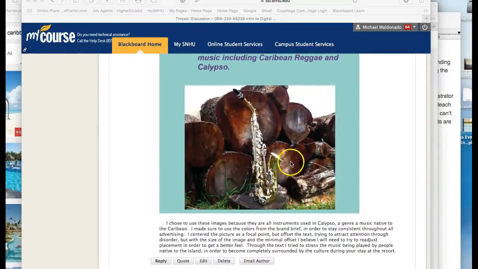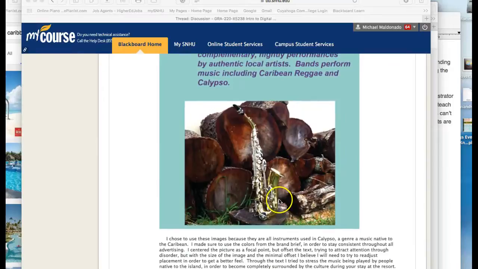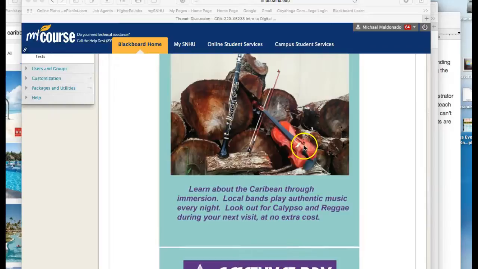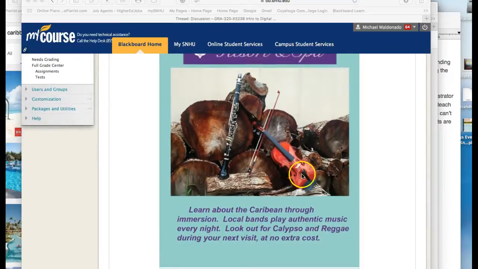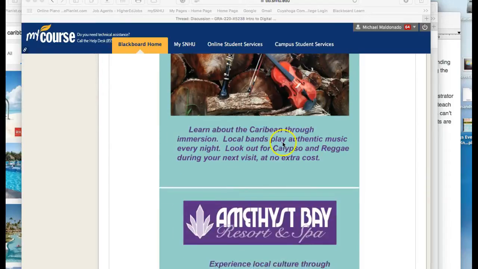Here we get the same kind of almost bluegrass feel with the instruments. Definitely, these are bluegrass instruments. They might be calypso instruments too, but piled on top of a wood pile like this, it's definitely indicating a sort of northeastern bluegrass visual posture.